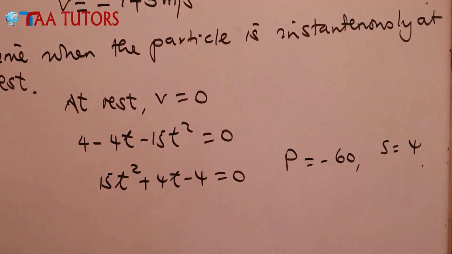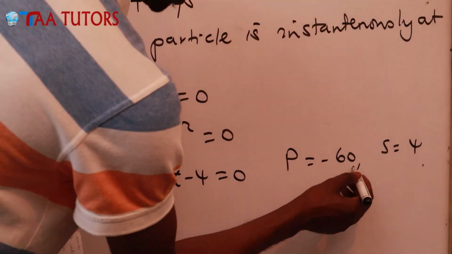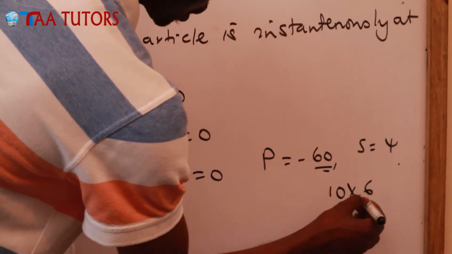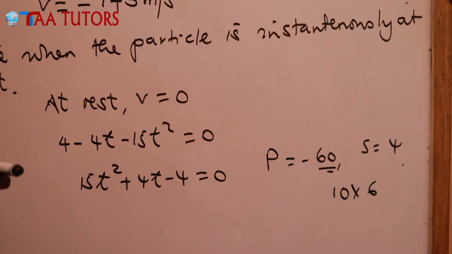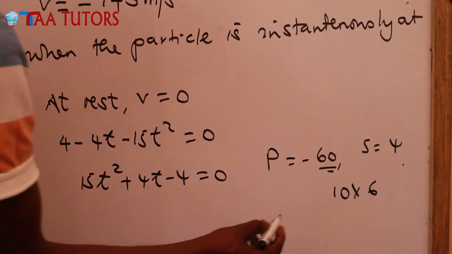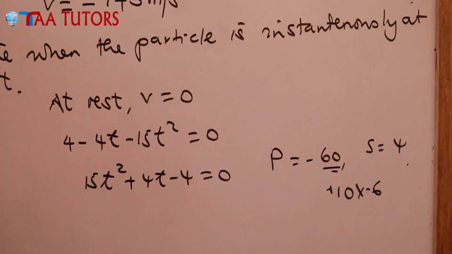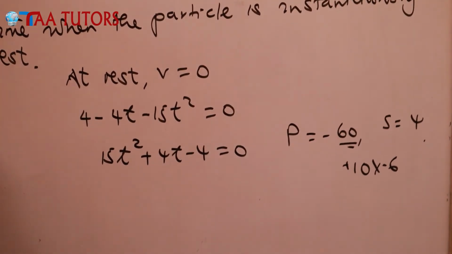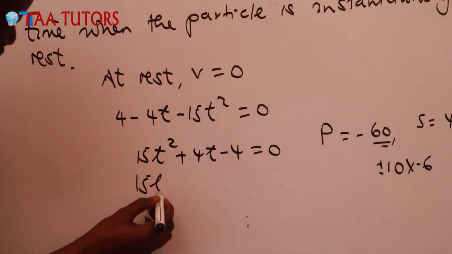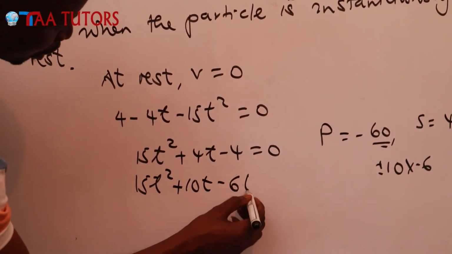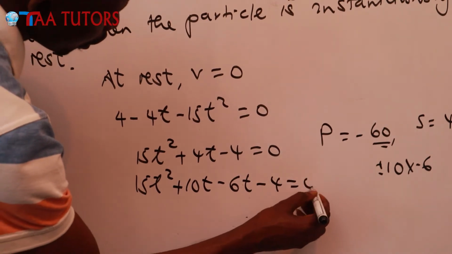The numbers could be 10 and 6: plus 10 minus 6. So we say 15t squared plus 10t minus 6t minus 4 equals 0.